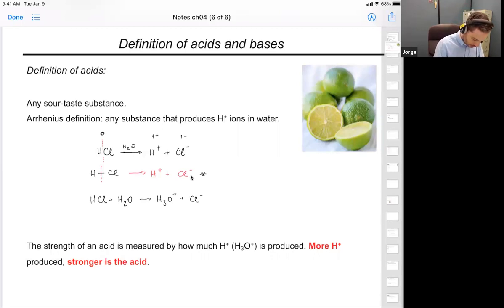One thing I forgot to tell you, when we represent HCl with the hydrogen bonded to the chlorine, that's also called the molecular form of HCl. And when we have H+ and Cl-, that's called the ionic form.